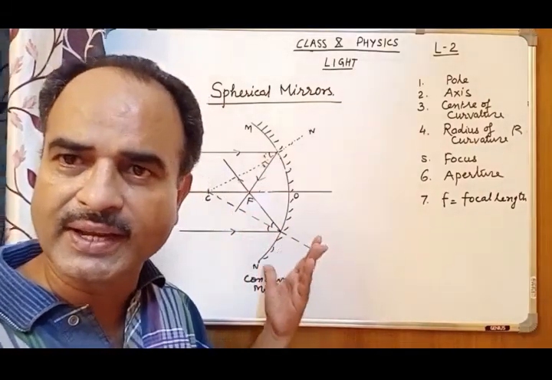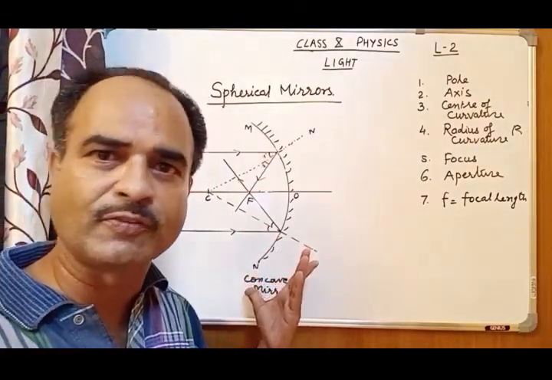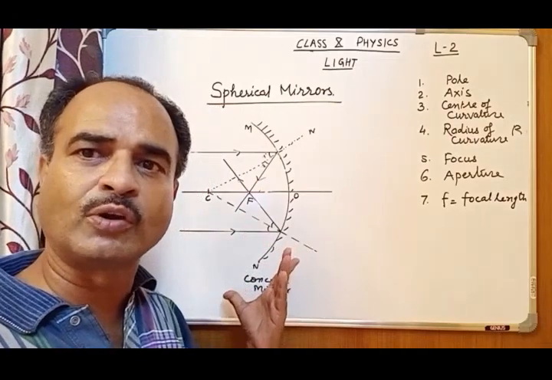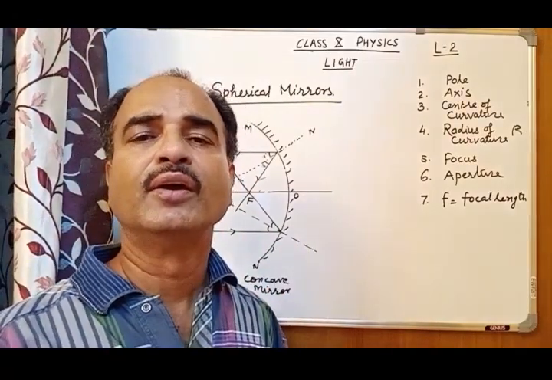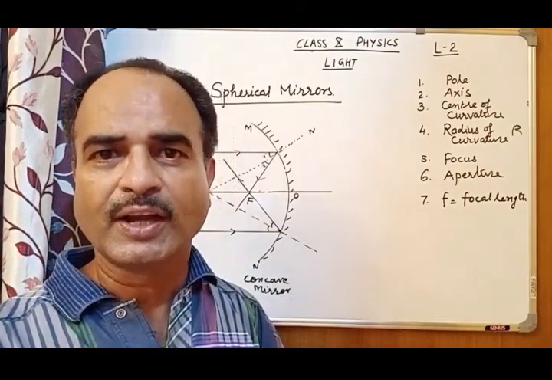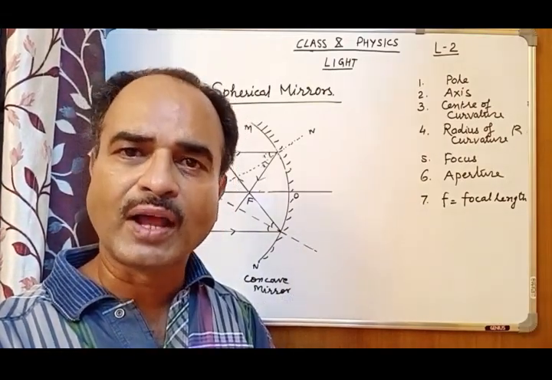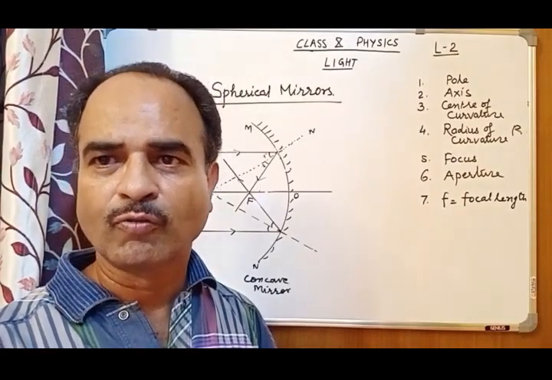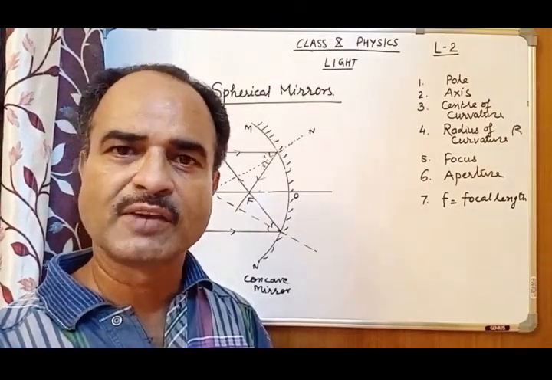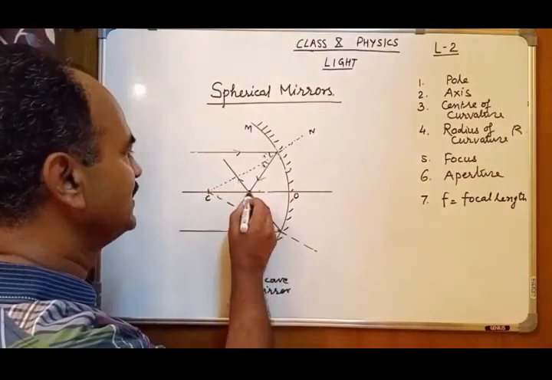So we can take it as one of the specific cases of image formation in a concave mirror: when the object is placed far away from the mirror, the image is formed at the focus.